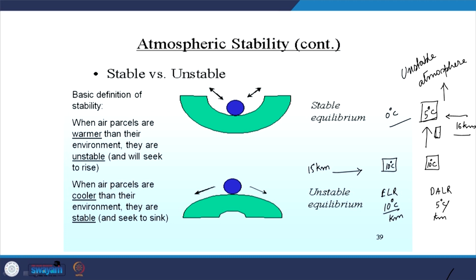Just to complicate this picture, if within this 1 kilometer of vertical ascent the air parcel becomes suddenly saturated, then because of the condensation, some heat is added into the system. As a result, this 5 degrees Celsius should now actually be, for example, 7 degrees Celsius, not 5 degrees Celsius, because some heat is added to the air parcel because of the condensation products, right. That means the air parcel will now rise even faster in comparison to the environment, right.